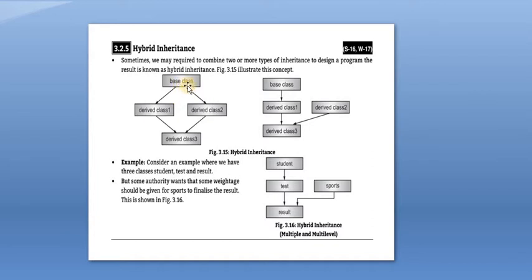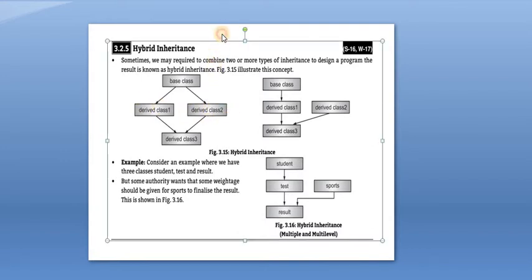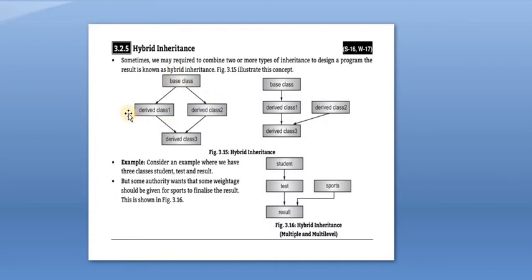So see here the single base class and 2 derived classes, this is hierarchical. See only these 3 classes, it is a hierarchical inheritance.